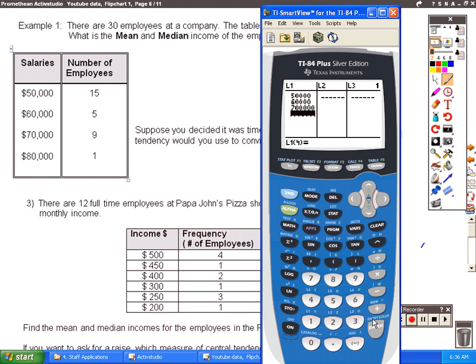Oops, this calculator can be quite sensitive. Oh, this thing wants to be aggravating. And then we have a salary of 80,000.